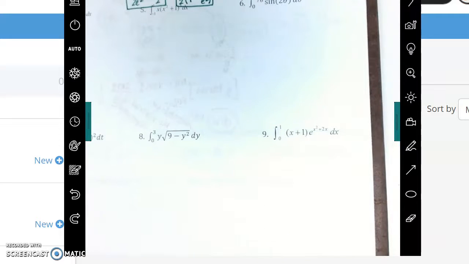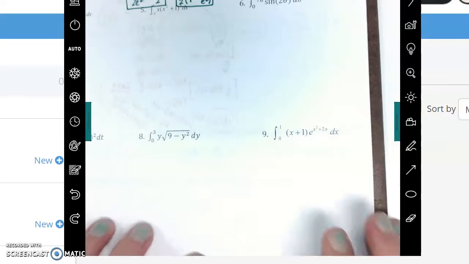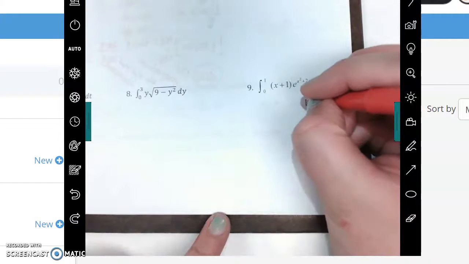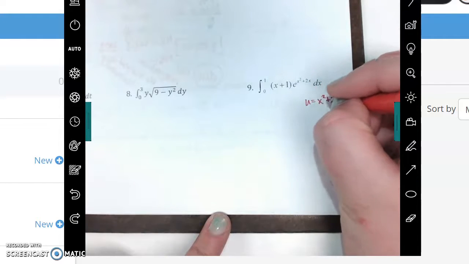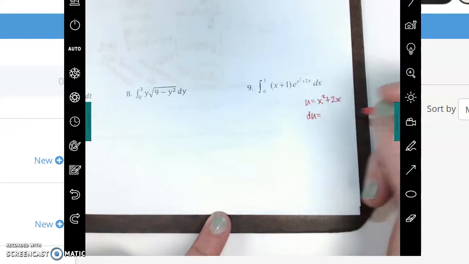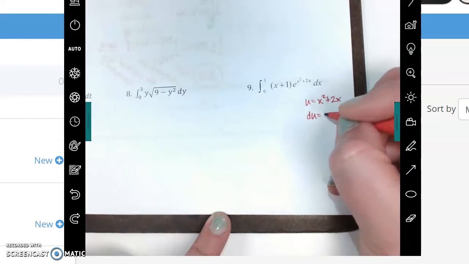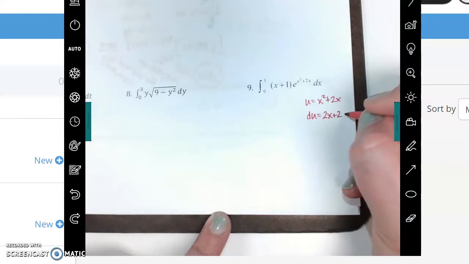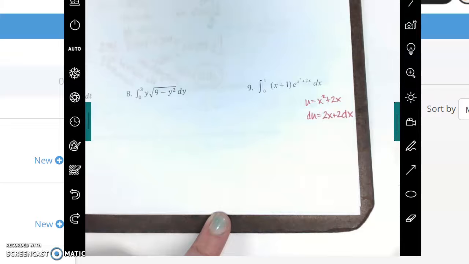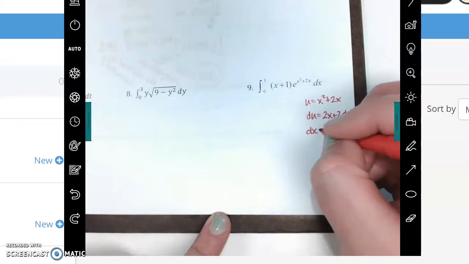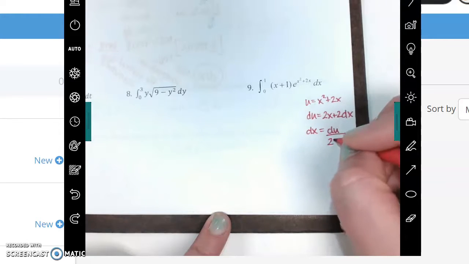Okay, so look at number 9. What's my u going to be? Take a guess. X squared plus 2x. Okay, very good. My u is the exponent, x squared plus 2x, which means that my du is 2x plus 2 dx. Which means that my dx is du over 2x plus 2.